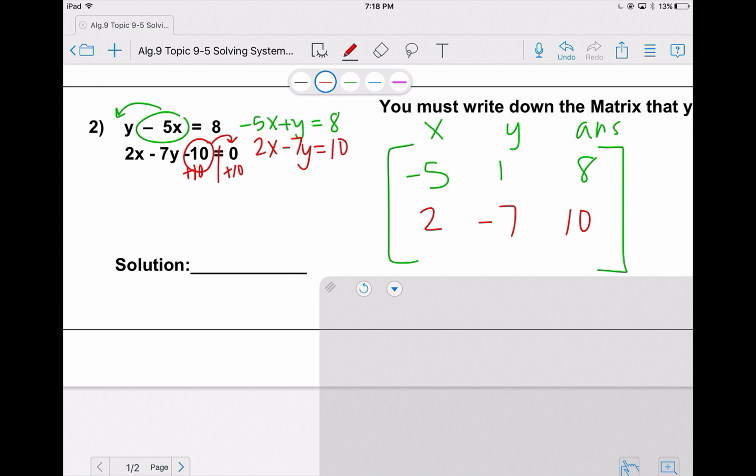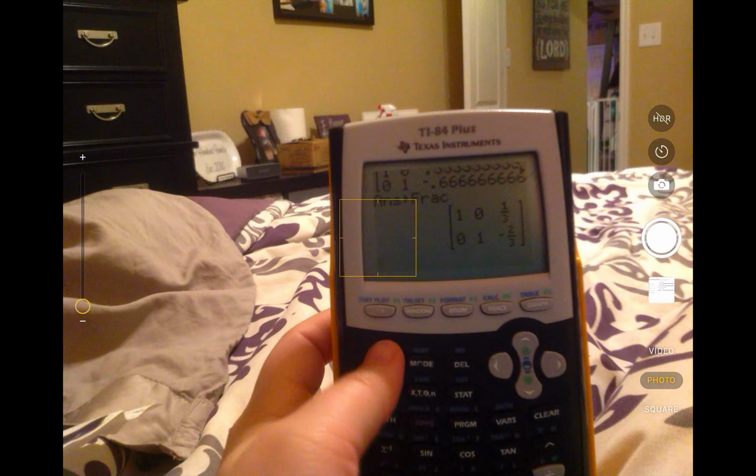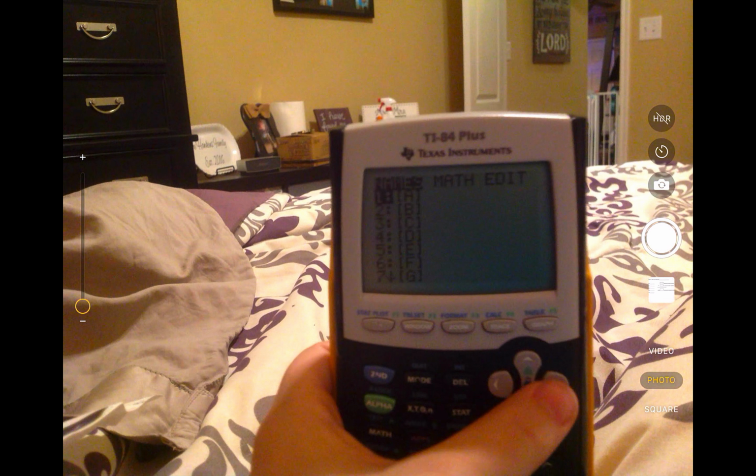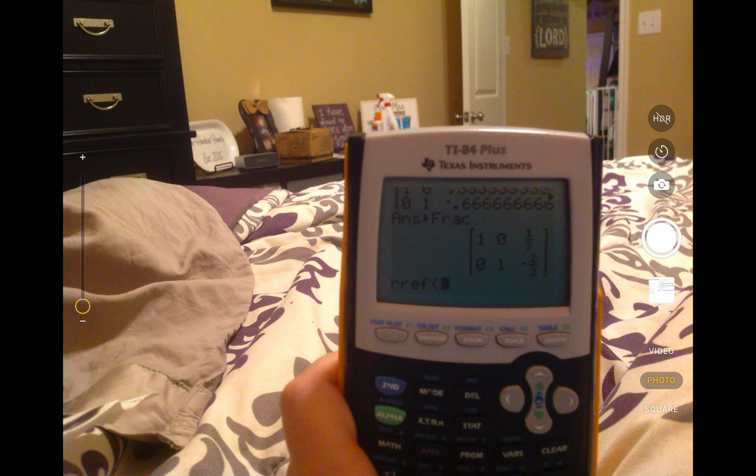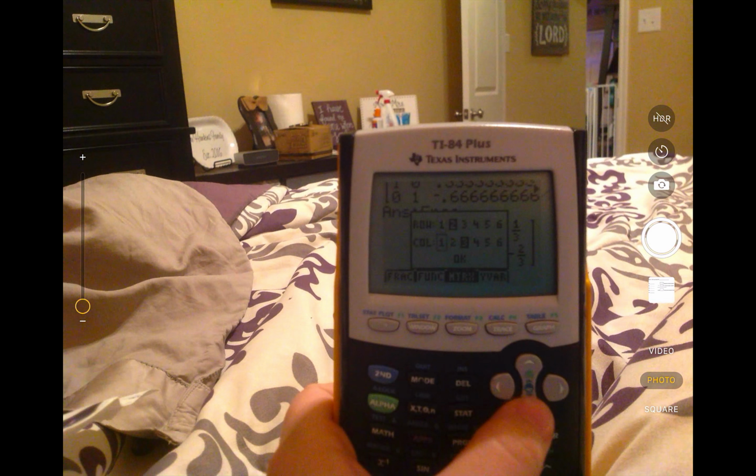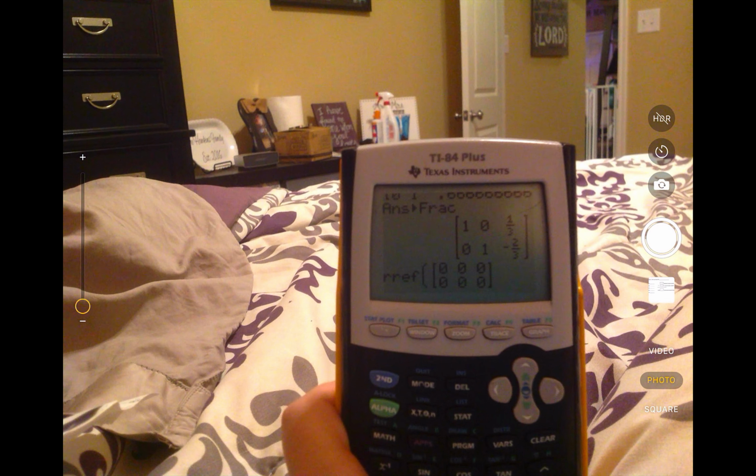So now I'm going to follow those calculator steps that we had yesterday, the ones that are listed right above this, to plug this matrix into my calculator again and see what my solution is. So on my calculator, I click second matrix, math, scroll up to B and click enter. Alpha zoom, 2 by 3, okay, good to go on that.